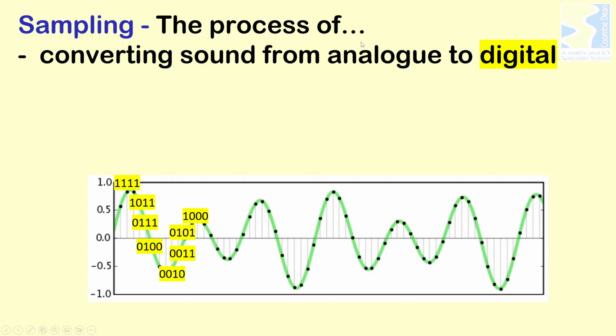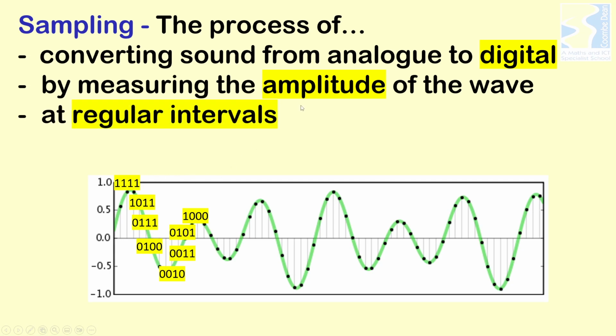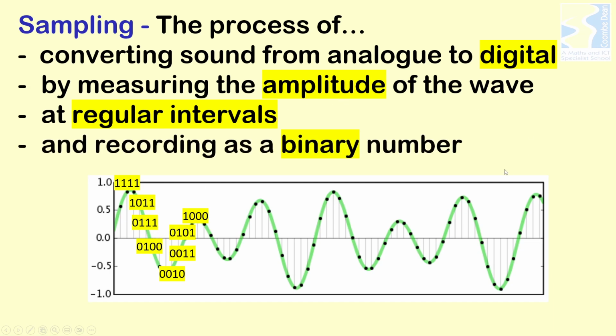So sampling is the process of converting sound from analog, the wave, to digital, ones and zeros, binary, by measuring the amplitude or the height of the wave at regular intervals, regular points in time, every 0.1 of a second, for example, and recording this as a binary number, just like in the example you've got here.